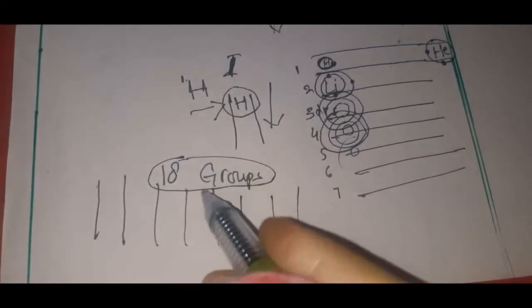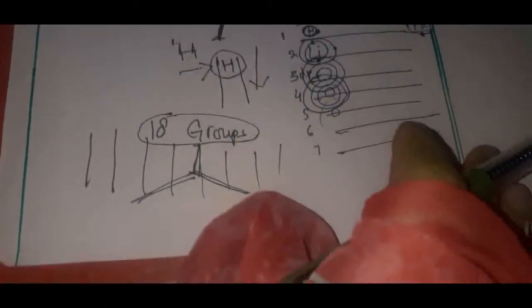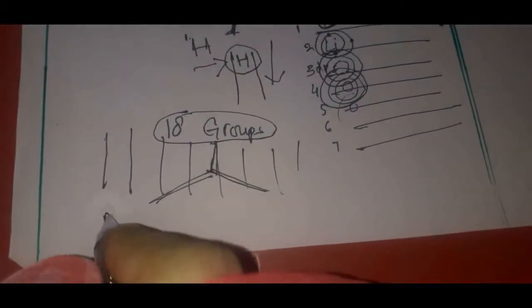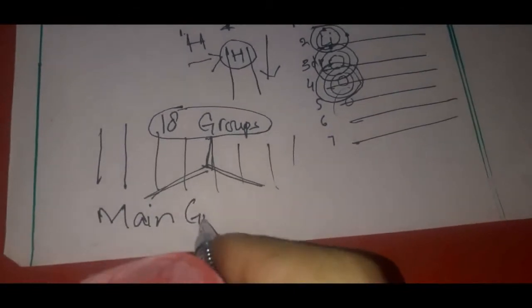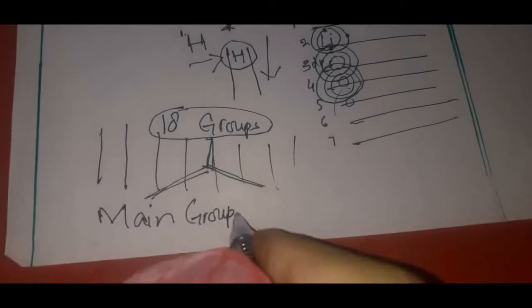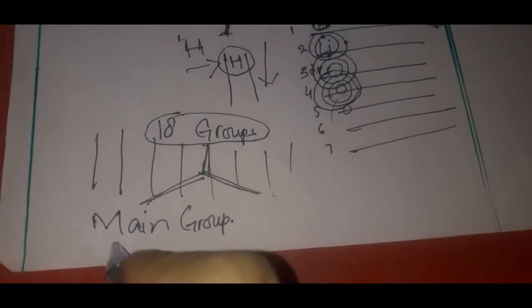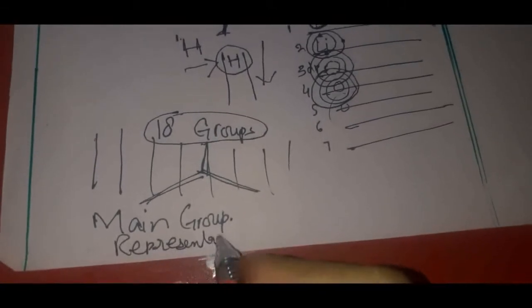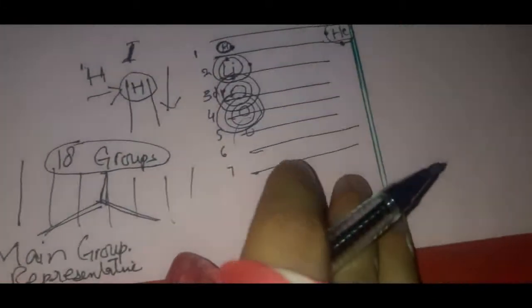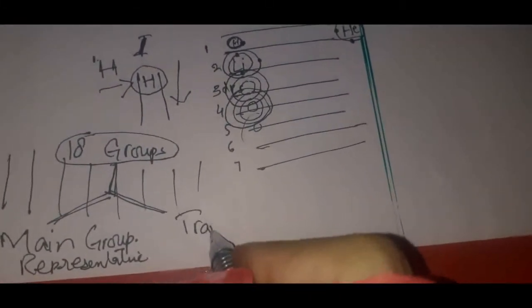But these 18 groups are then divided into 2 main groups. One is the main group or representative elements, whereas the second group is known as transition elements.